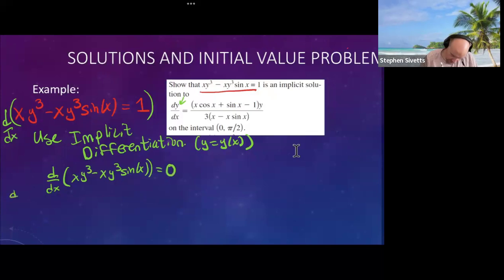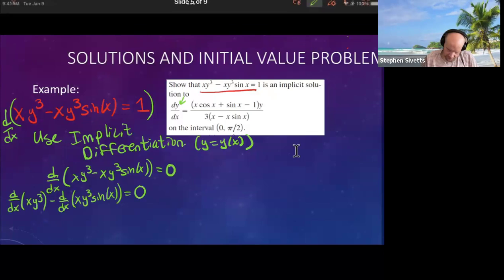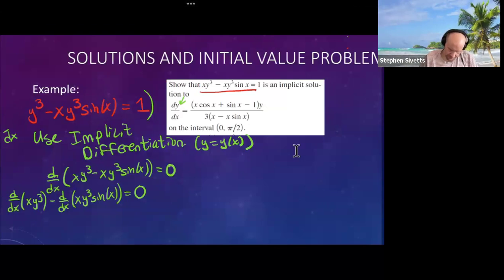And so we'll have d dx of x times y cubed minus the derivative with respect to x of x y cubed sine x is 0, okay? So this first term, we're going to use the product rule. Okay.